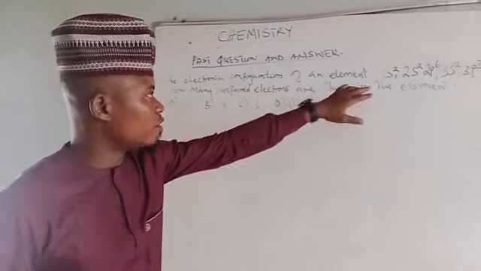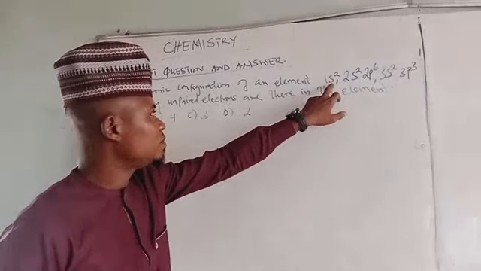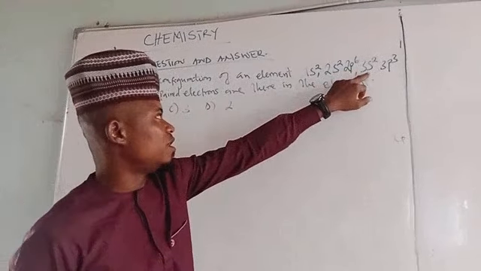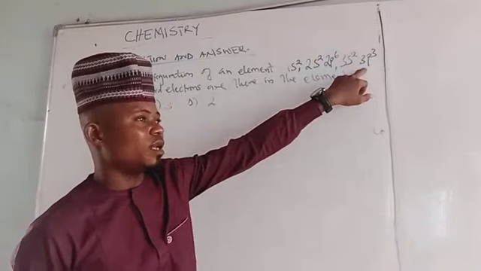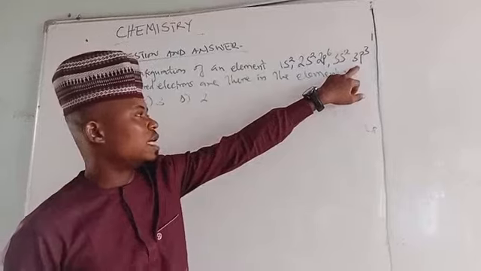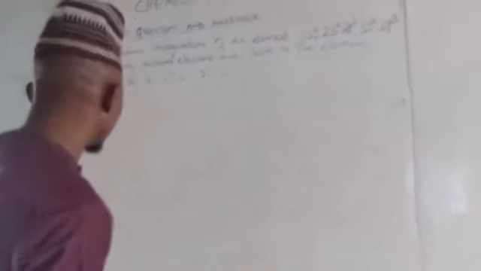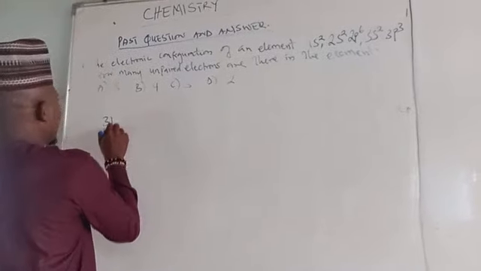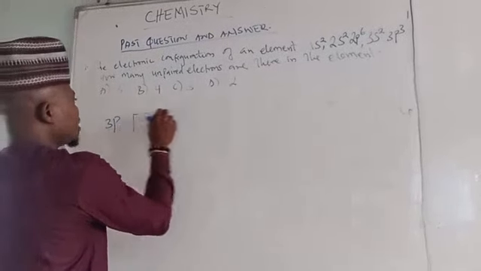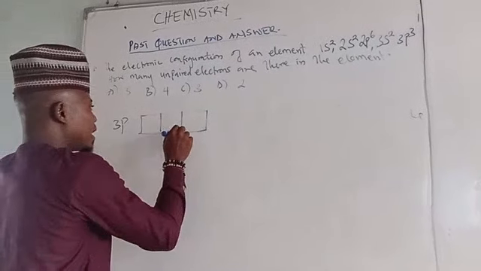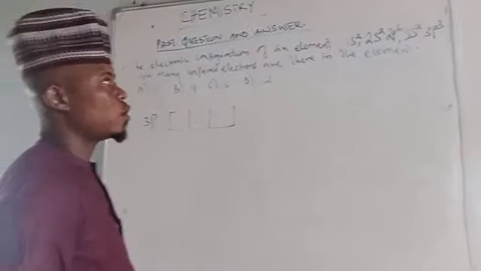Now they are giving us this configuration. It means this orbital is completely filled, this is completely filled, this is completely filled, and this is the orbital that is not completely filled, because p should take a maximum of 6 electrons, while this one has 3 electrons. So to deal with our 3p orbital, we have to check. Remember the rule is that we fill the orbitals singly first before pairing occurs.